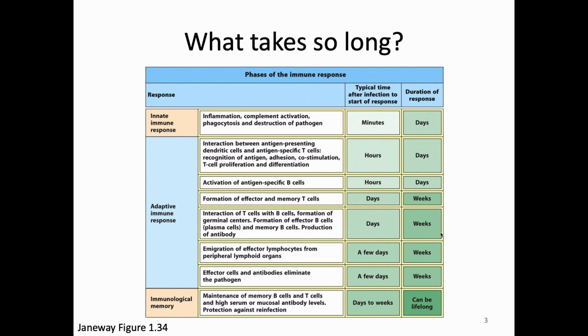We need all sorts of aspects of the adaptive immune response: the trafficking, the antigen presenting, the activation, the differentiation, movement into germinal centers, movement of cells to the periphery, all of those things in order to eliminate the pathogen. But what we also need to talk about, in more detail, is the differentiation and what happens with those cells as they are differentiating.